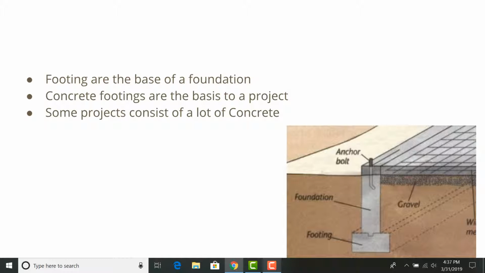Some large general contractors actually self-perform concrete, like Hensel Phelps. That's one company that self-performs in concrete, and typically large GCs would hire subcontractors that are experienced in concrete.